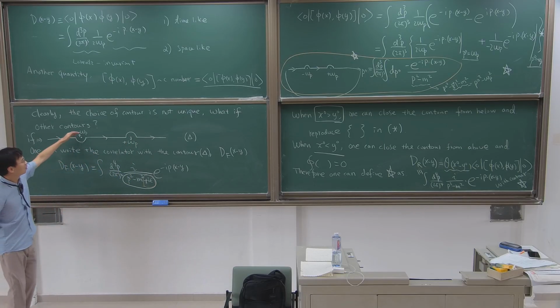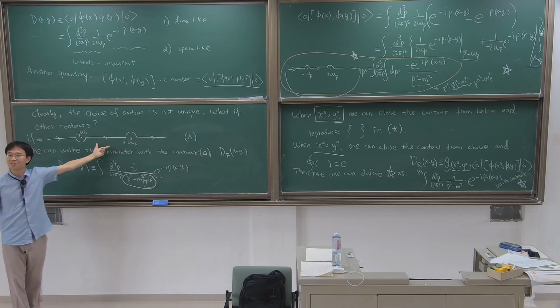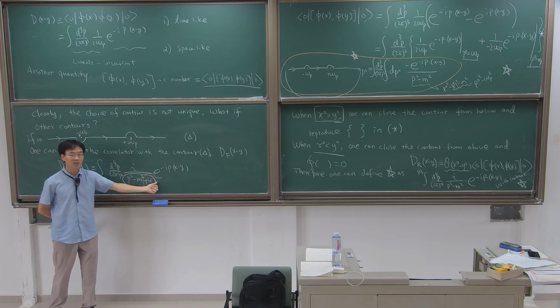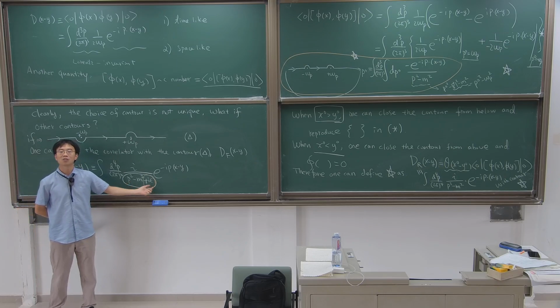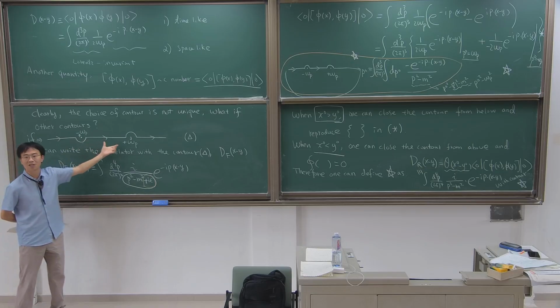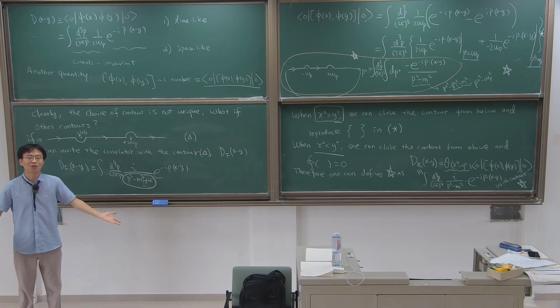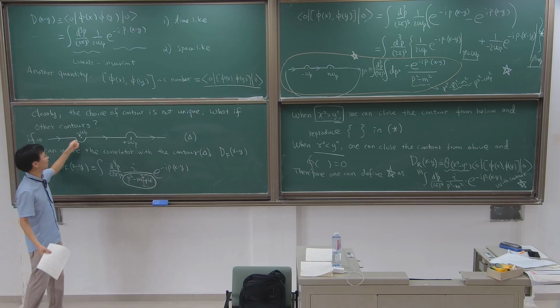This is up, and this is down. It's not a new equation, just solve the equation. Take this equal to 0 with this I epsilon. You see these two poles shift. Because the original two poles are now shifted a little bit, I don't need to deform my contour. Just keep the original contour, right?